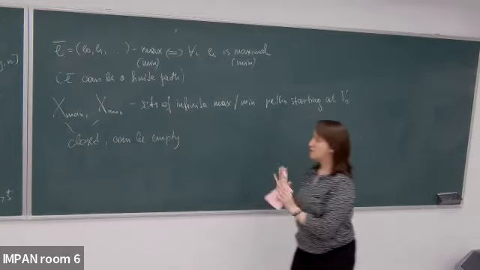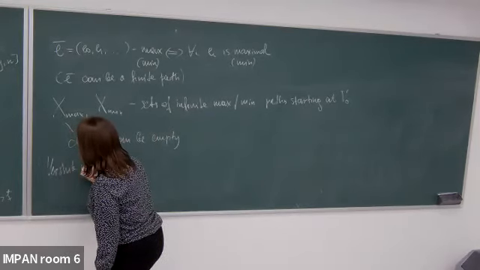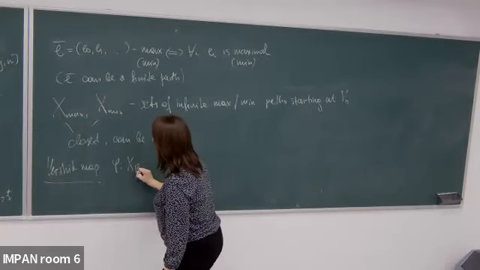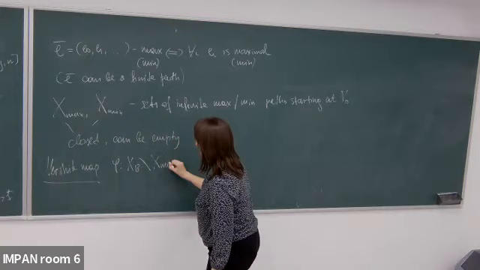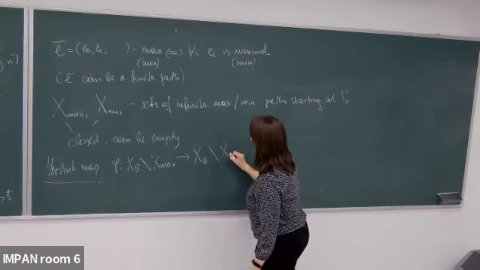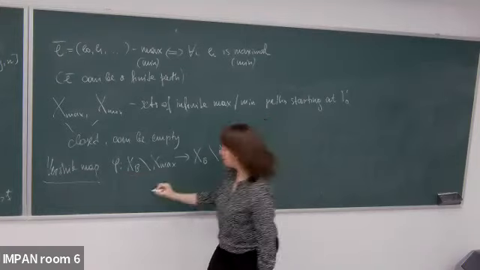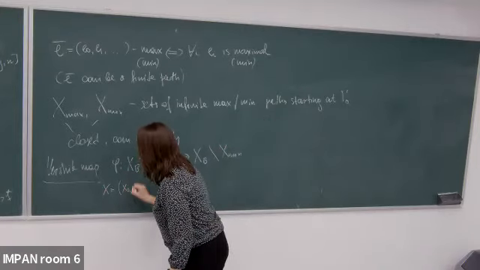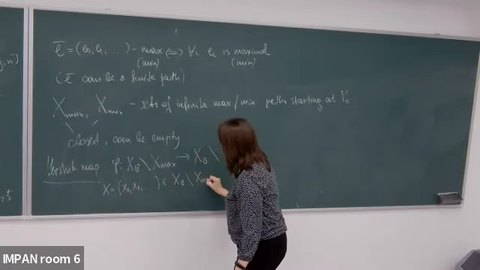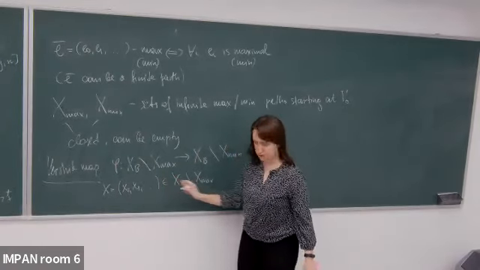And now we can define a Vershik map. First we define it on the set of non-maximal paths, onto the set of non-minimal paths. So if we have some non-maximal infinite path, there exists some first index for which the edge is not maximal.